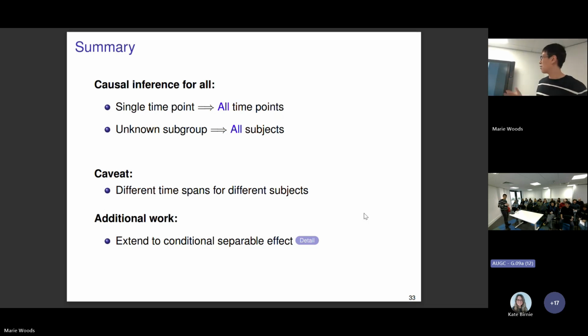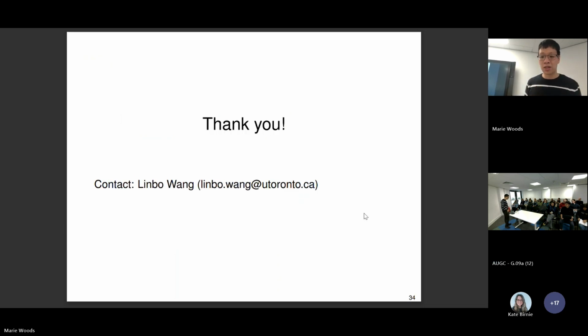So I would just mention that this idea can also be used to convert their conditional estimates to a marginal estimate. So it's not specific to ours, but it's more general than that. Okay, I think I will stop here. Thank you very much.